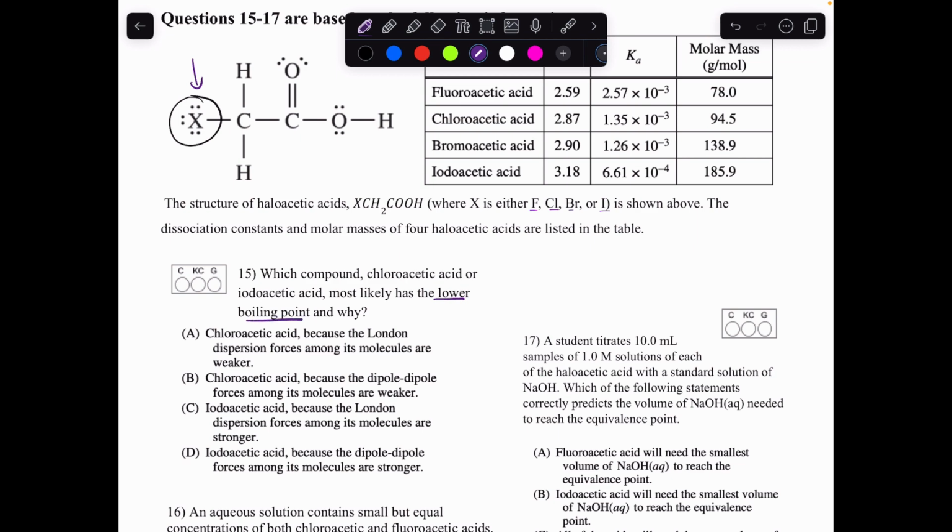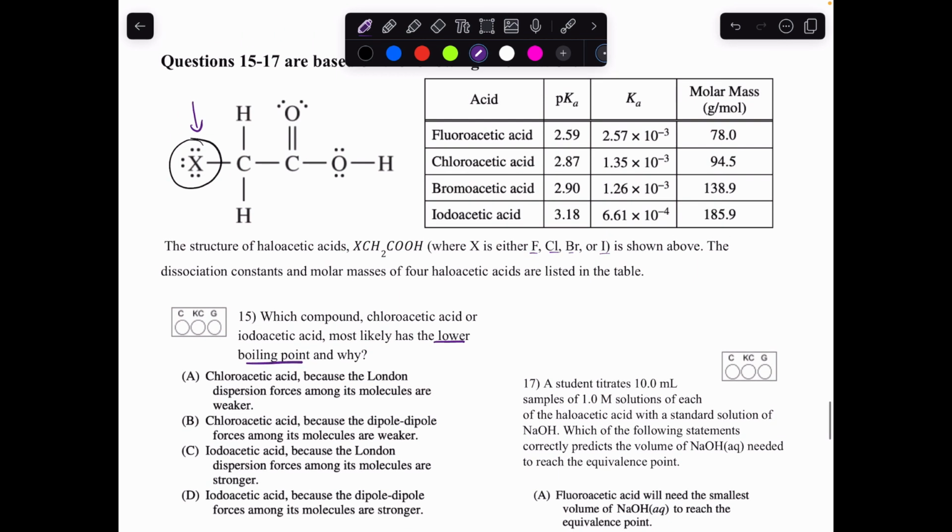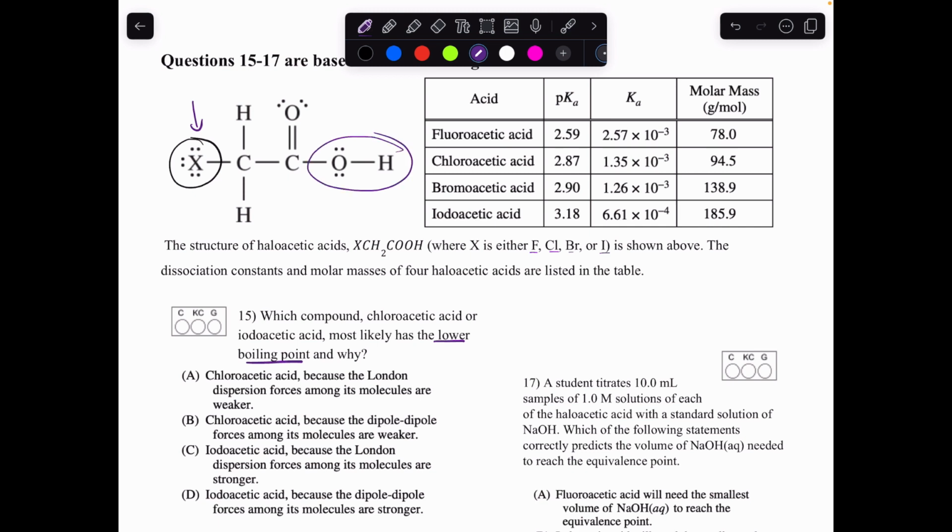So the first thing I would think about is what type of IMFs do both of these have, and looking at the structure, they both have hydrogen bonding because of this. They both also would have dipole forces because it's a non-symmetrical structure. Right, if I look at the structure, it's not symmetrical. And what will increase dipole over one or the other is electronegativity.